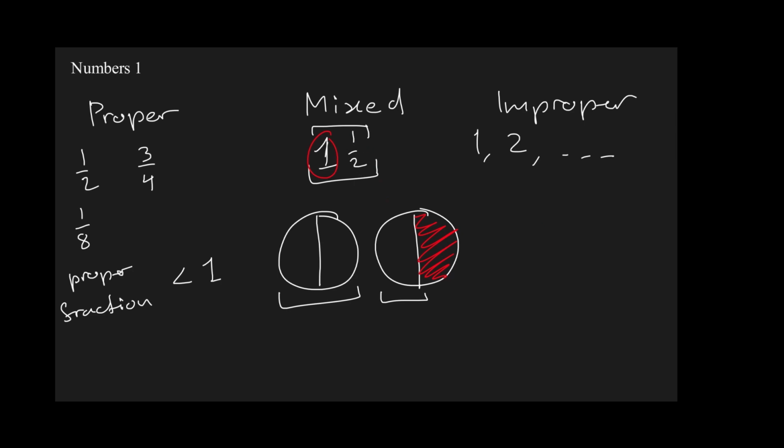So if I had 3 pizzas instead of 2, and Bob still had this half, but I have 2 pizzas and a half, then this guy over here would actually be 2, just like that. I would have two whole pizzas, 1, 2, and a half, plus 1/2. That's why we've got 2.5 here.